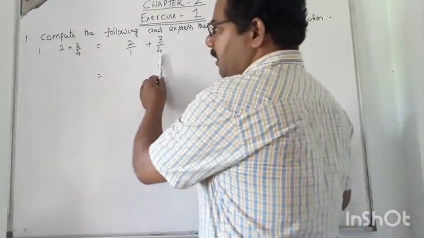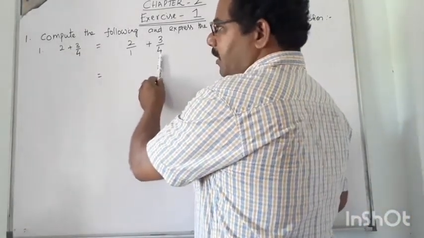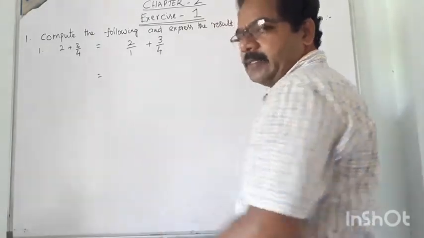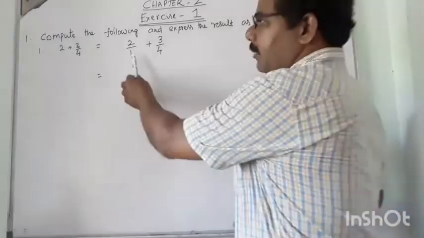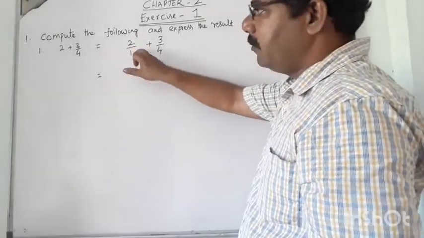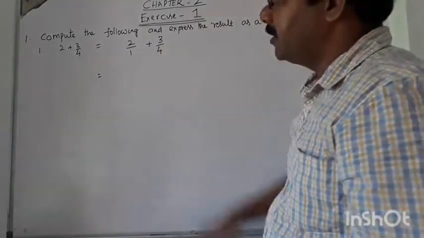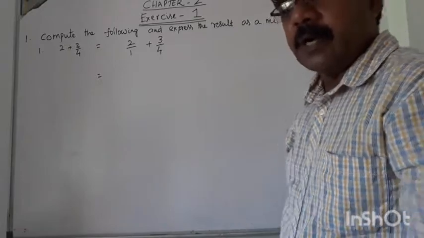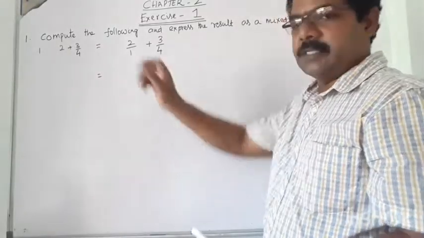Here 4 is the denominator, so here also the denominator should be written as 4, because in the 1 table we get 4. So this fraction 2 by 1 can be multiplied and divided by 4. That means numerator and denominator are multiplied by 4, then we get 4 as the denominator.